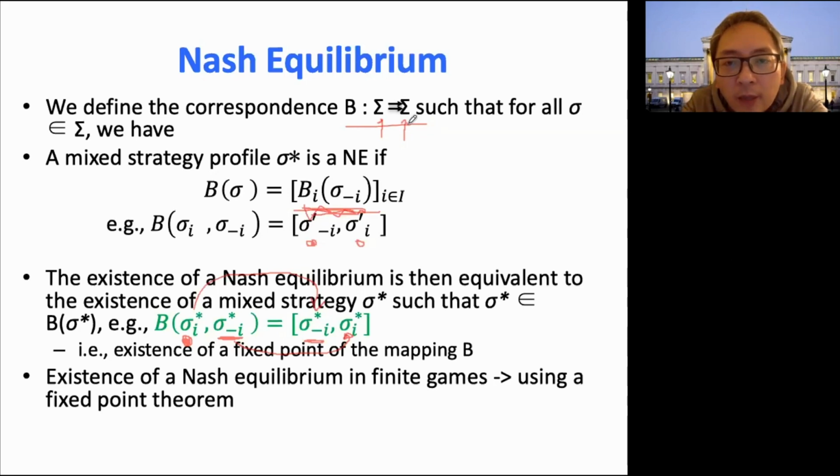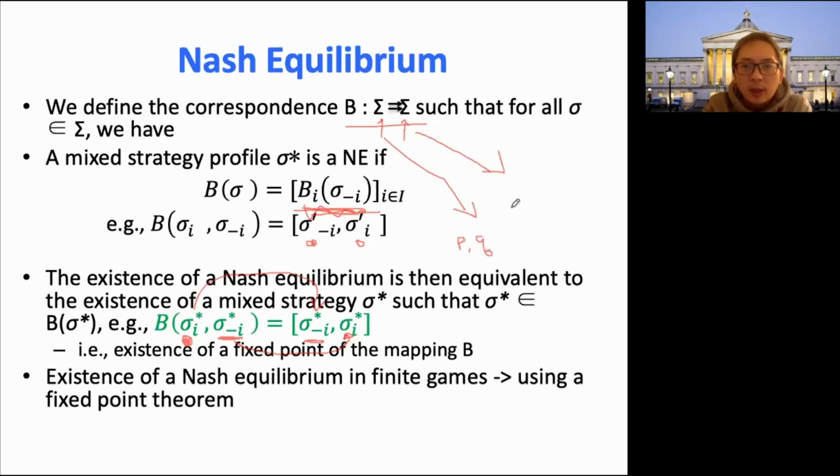For now, without going to a general setting, think about this as a P and a Q as we defined, with a different value.